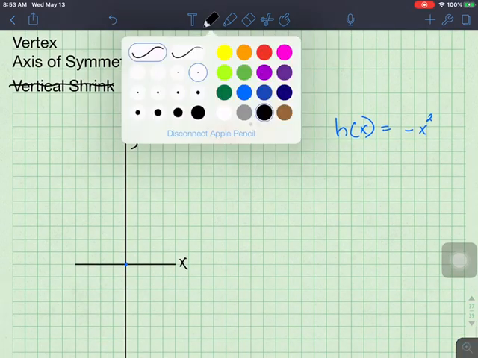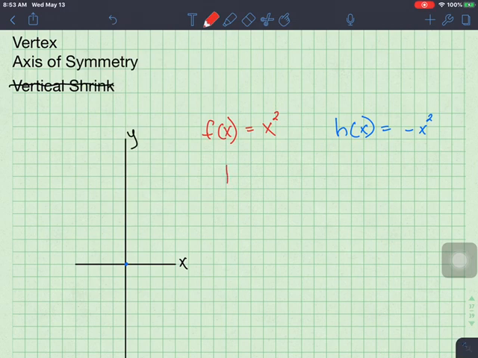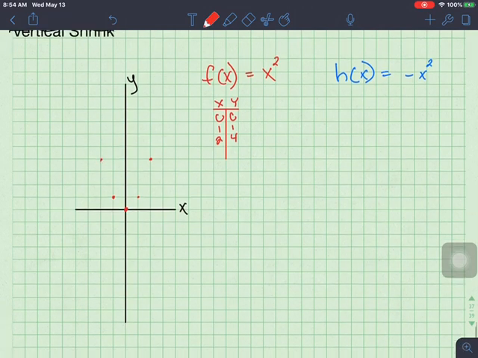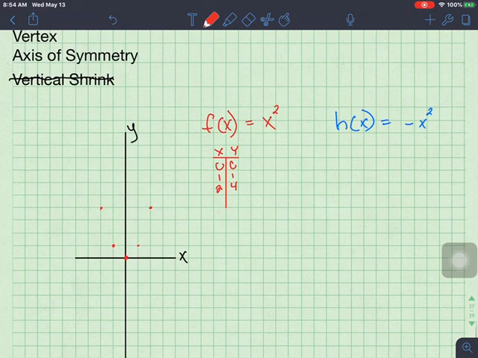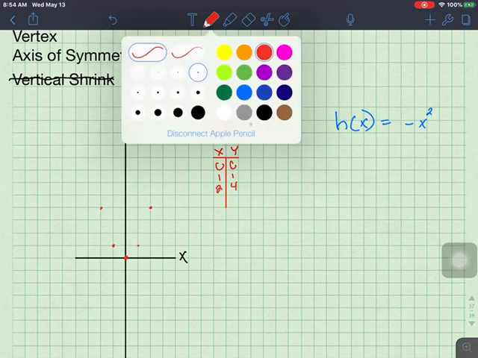All right, I'm going to go ahead and quickly make an input-output table for the x squared. And here's your x, here's your y: 0, 1, 2, 0, 1, and 4. We did that before. I'm not going to spend a ton of time going over that. There's (1, 1), there's (-1, 1), and then (2, 4), and then we have (-2, 4). There's the parabola. I think I'm just going to leave the dots without drawing in the parabola, and then I'll fill it in at the end.